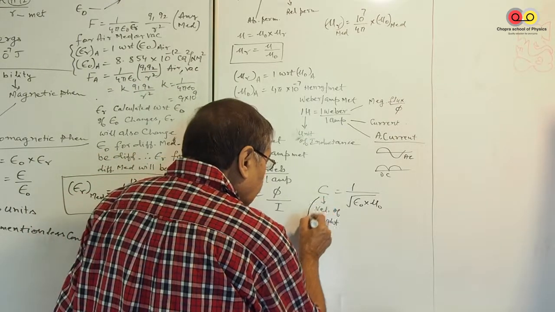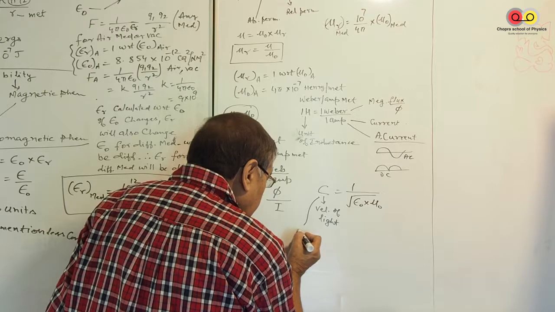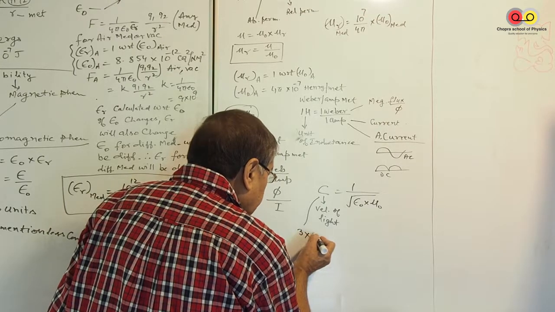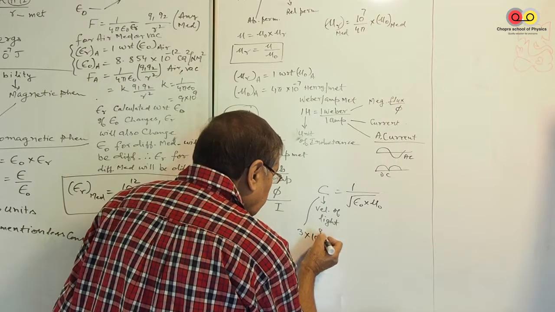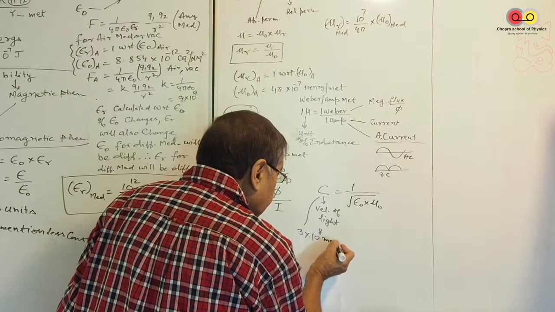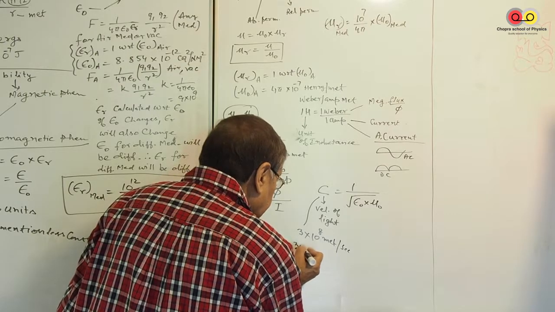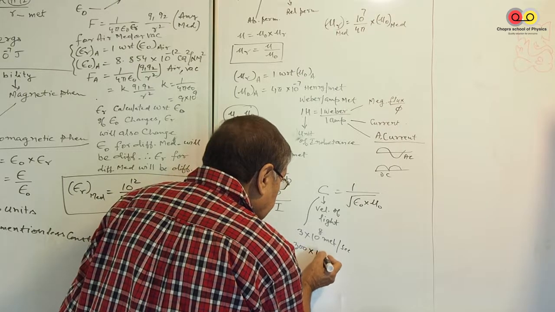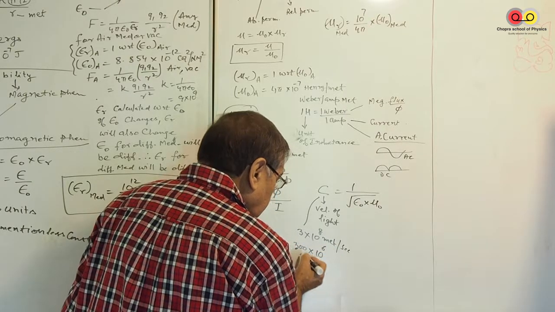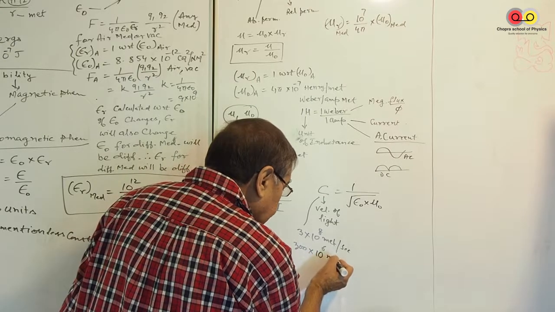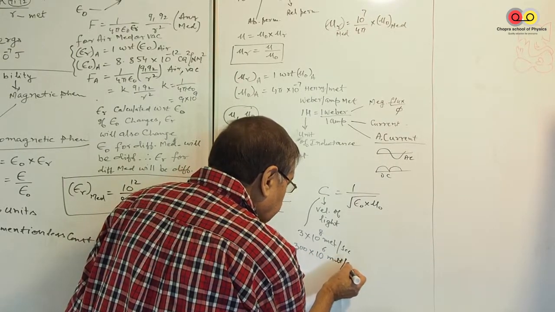This velocity of light will become 3 multiplied by 10 to the power 8 meters per second, or 300 multiplied by 10 to the power 6 meters per second.